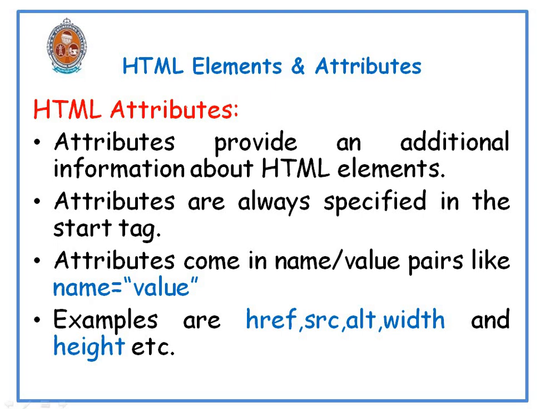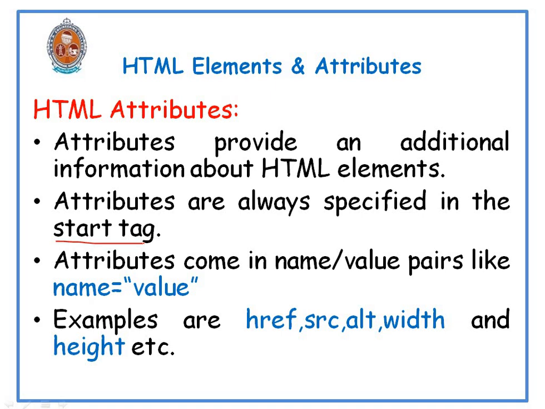Coming to HTML attributes, generally attributes provide additional information about HTML elements. Attributes are always specified in the starting tag. We already know that every HTML tag contains a starting tag and ending tag. An attribute's main job is to provide additional information about an HTML element.